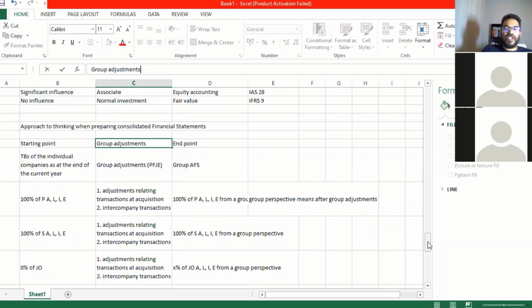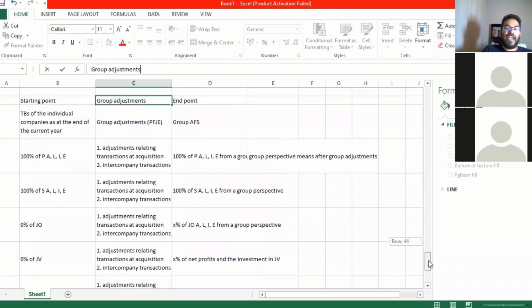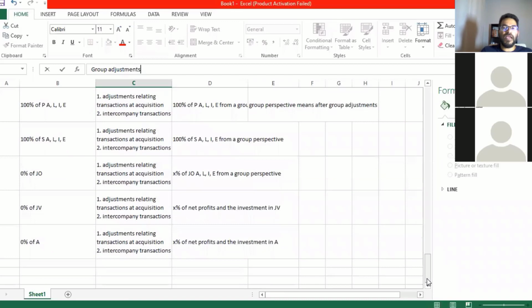When it comes to a joint venture and an associate, the group only wants their share of the net profits, so their share of the income statement as their share of profits, their share of OCI. And then from a balance sheet perspective, they only want to show an investment in associate, an investment in a joint venture.